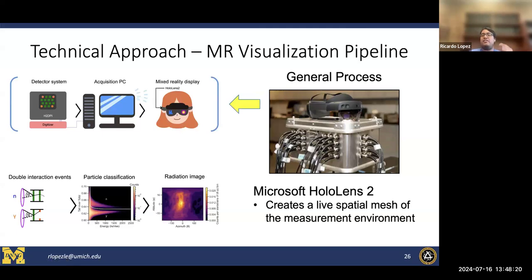So by combining the live updating spatial mesh of the HoloLens with the projection information from the imaging data of the H2DPI, we wanted to be able to visualize these heat map distributions in mixed reality space using the spatial mapping, such that it aligns closely one-to-one to your actual environment.